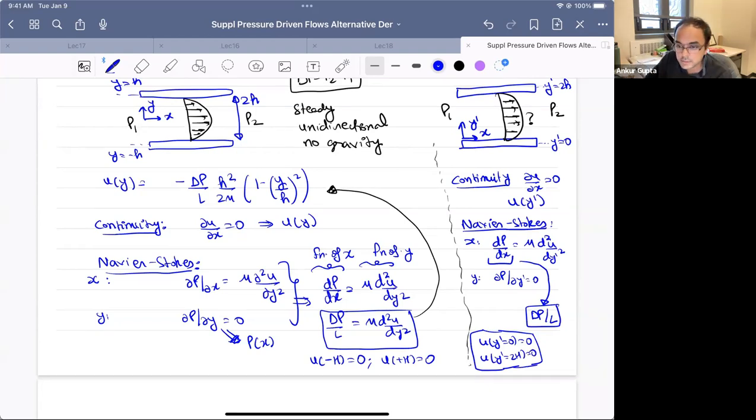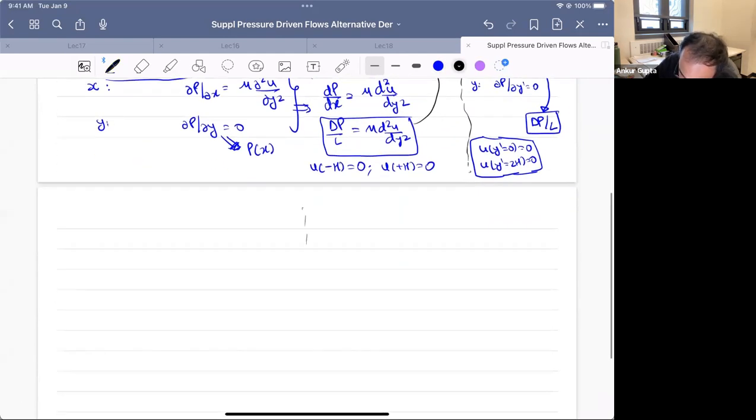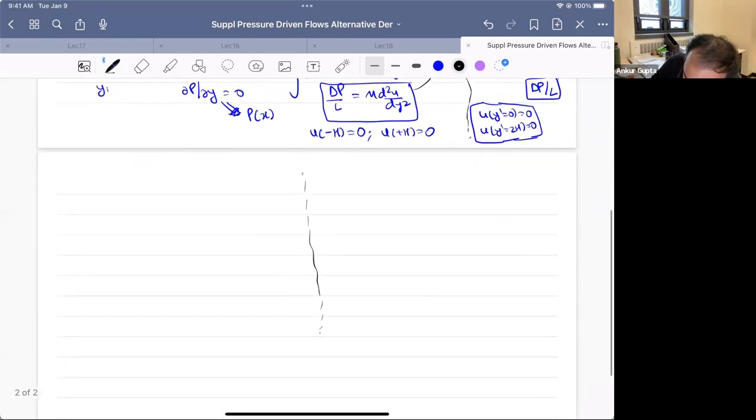So now let's do this more in detail. So the left hand side is delta p by L equal to mu d square u by dy square, with u of minus h equal to u of plus h equal to 0.